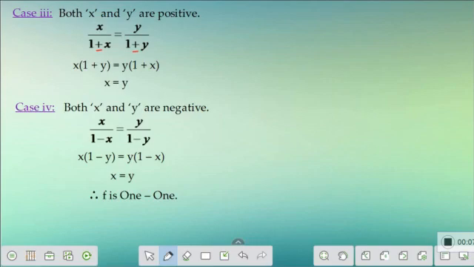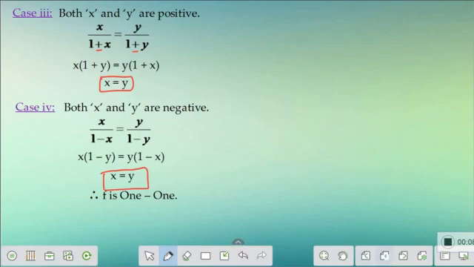This means that when both x and y are positive, if f of x and f of y are equal, you get x and y are equal. Similarly, when both x and y are negative, you can see the same process here, and that also gives you x equal to y. So we see that f of x equal to f of y for any x and y belonging to the set of real numbers gives you x and y are equal. This means that f is 1 to 1. So we are done with 1 to 1.